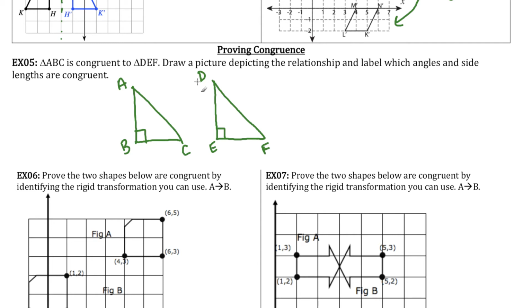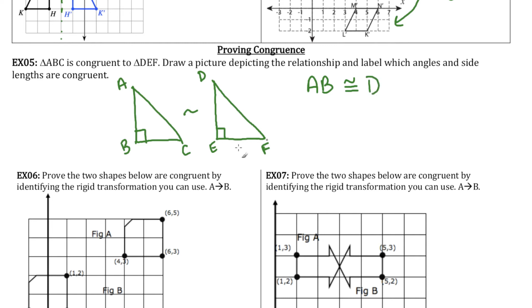So it says draw a picture depicting the relationship. So we did. And label which angles and side lengths are congruent. So AB is congruent to DE.